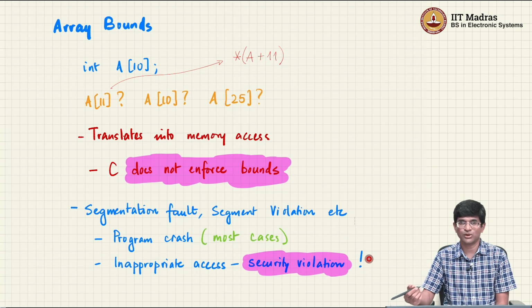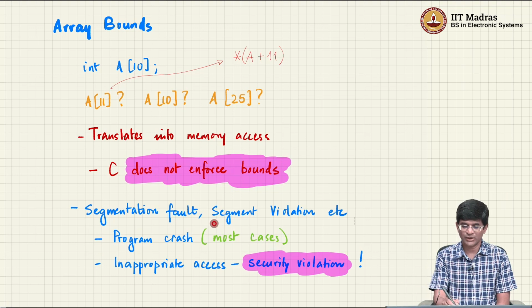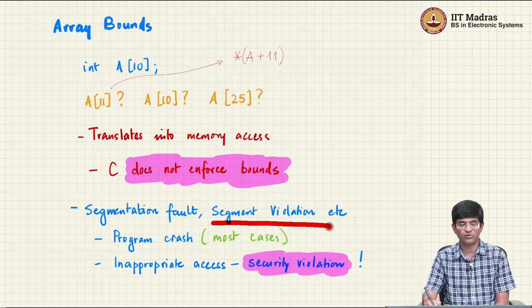In the worst case scenario, it could be something like somebody writes a program on a computer where other people are also running programs, and is able to read information including, let us say, the password or other personal information corresponding to the other user. Now, in most cases that does not happen. It is much more likely that you would get a segmentation violation and the program would just crash.